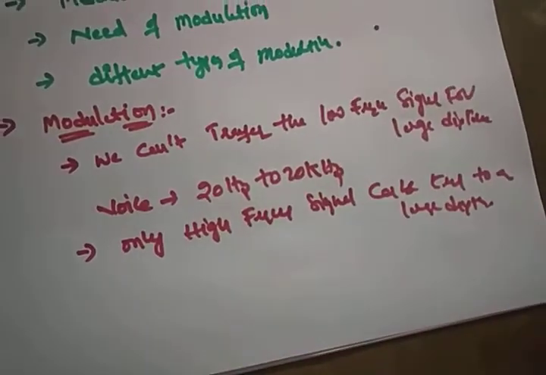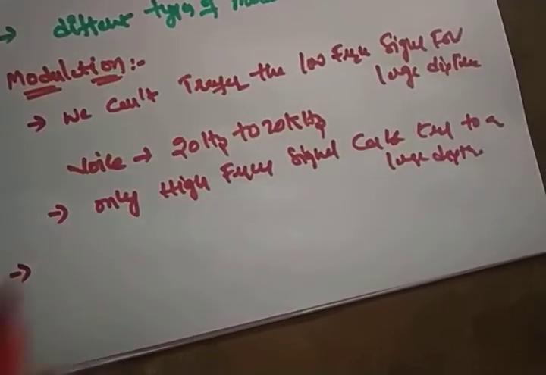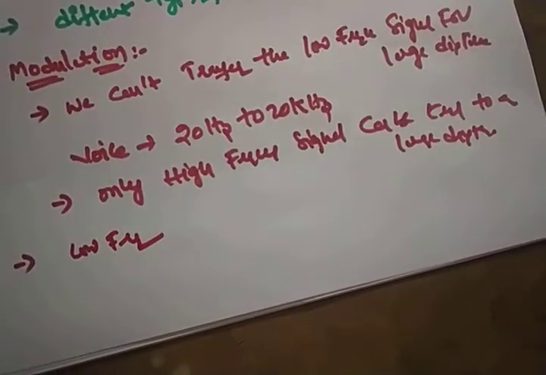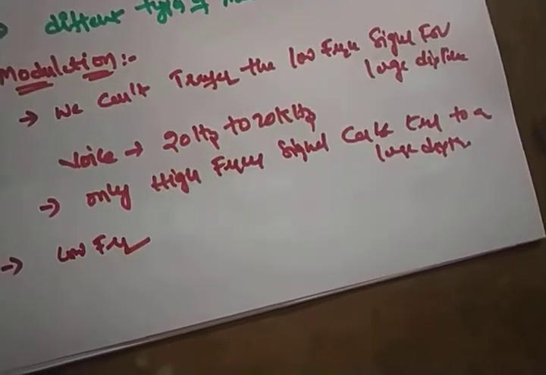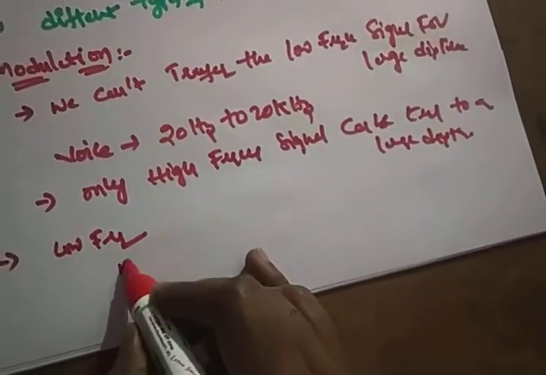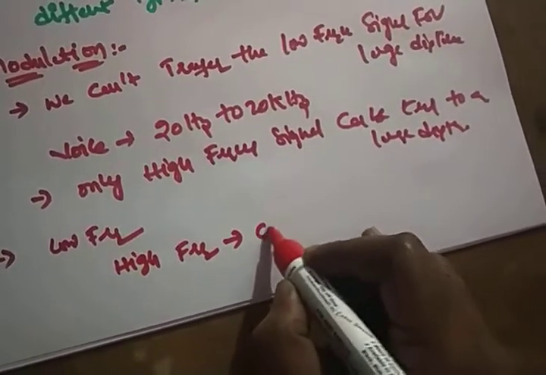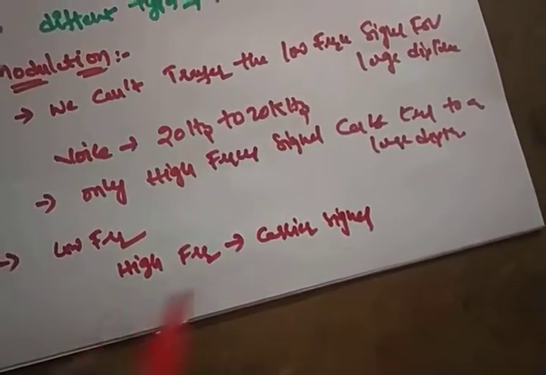Alright, I'll define it one more time. You have a low frequency signal, which cannot be transferred for a large distance, but we need to transfer it. So what should we do? We need to take a high frequency signal. That signal we call the carrier signal.